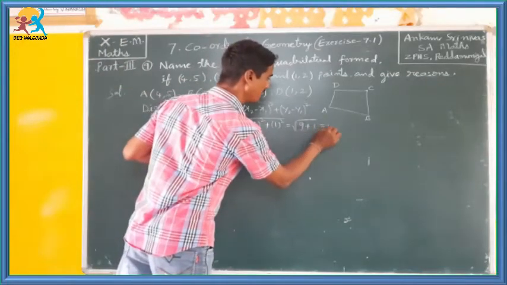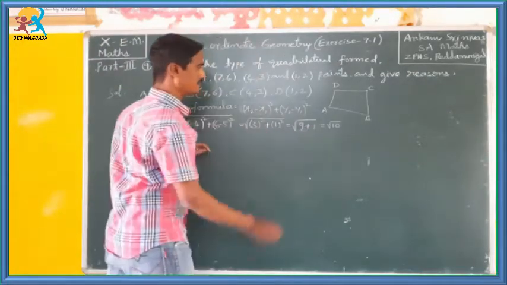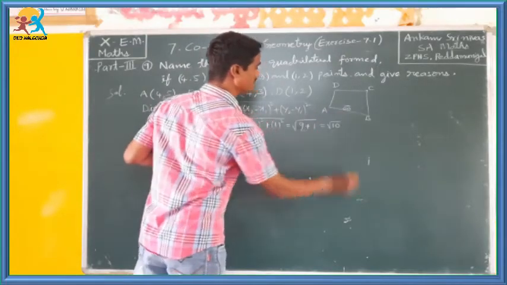Then 9 plus 1 is 10. So the length of AB is square root of 10.